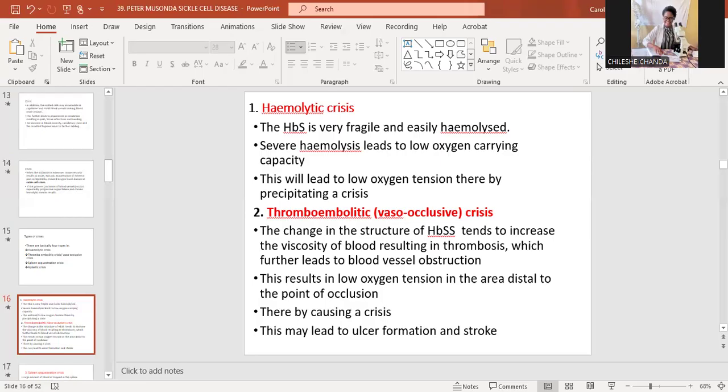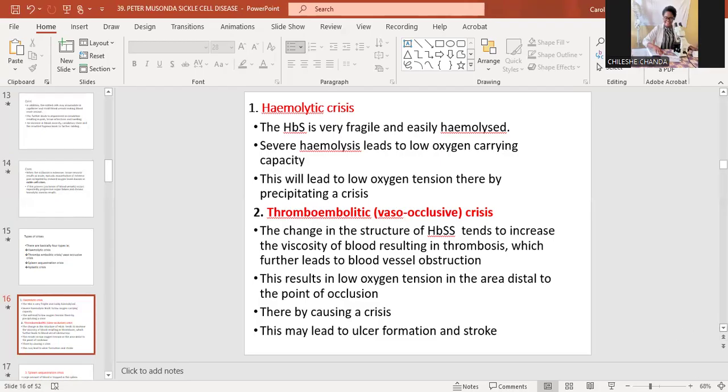Now, once the blood vessels are obstructed, there is going to be low oxygen tension. There's going to be low oxygen being carried to the distal area of that blood vessel. And this results in a crisis because those areas that are distal to that place are not receiving blood.